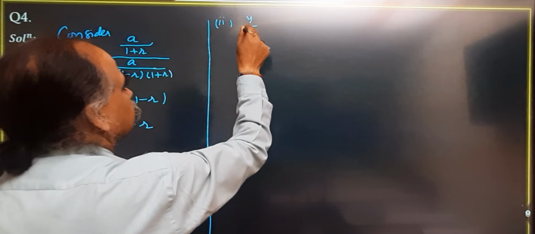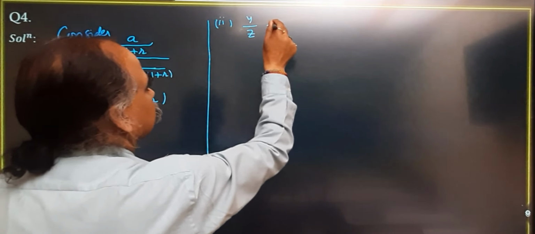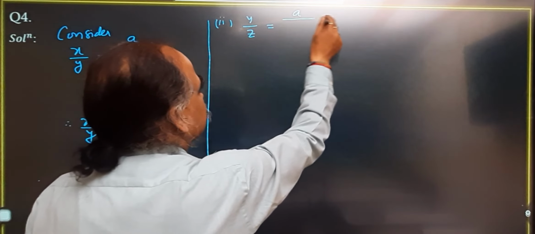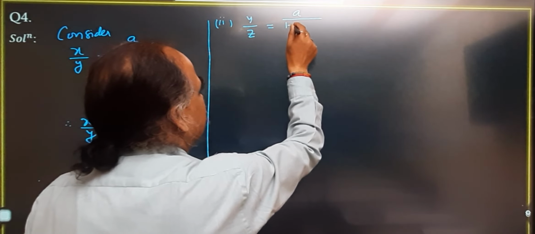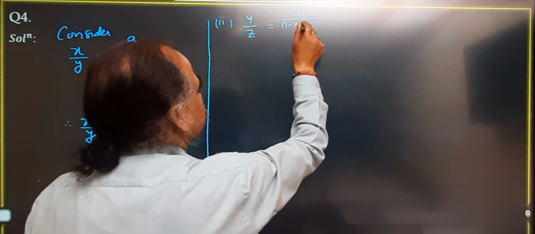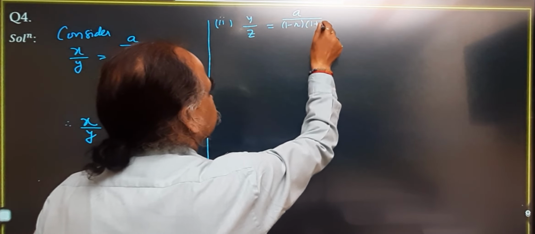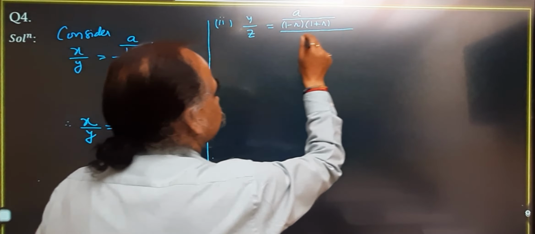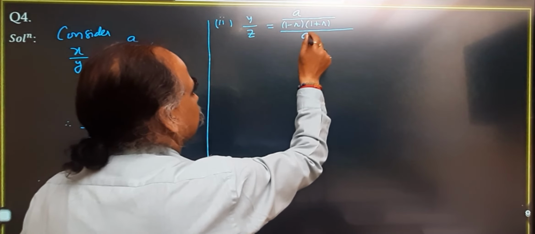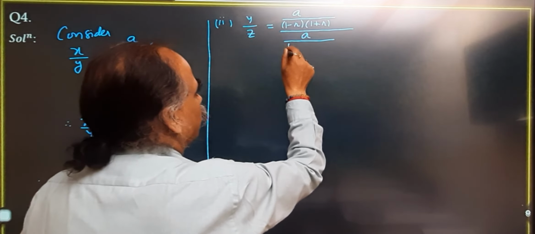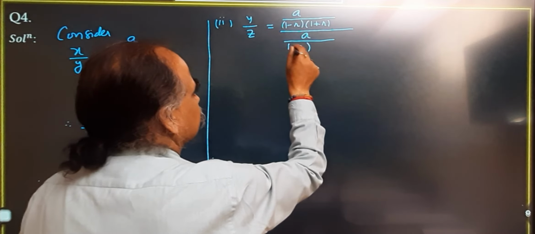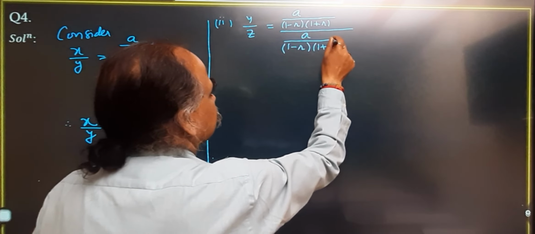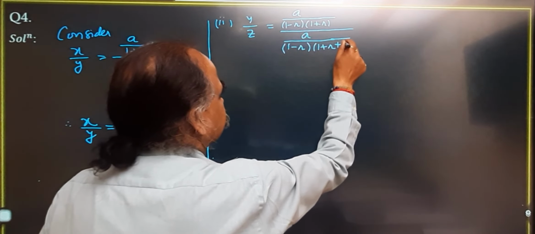Y upon Z is what? Y is a upon (1 minus r) into (1 plus r), divided by Z, which is a upon (1 minus r) into (1 plus r plus r square).